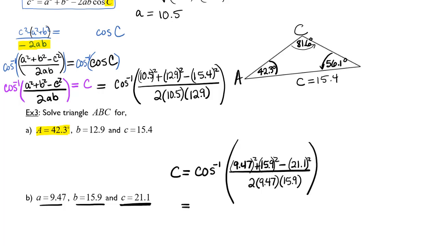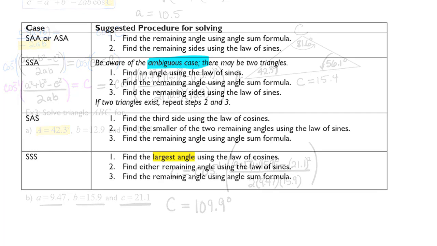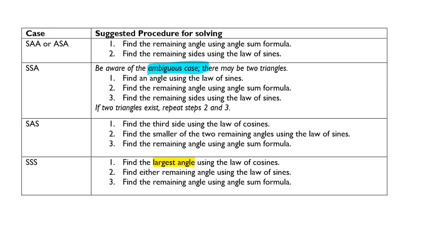Remember, I'm staying in degree mode. And my angle for C is equal to 109.94, so I'll just go to one decimal place here, 109.9 degrees.